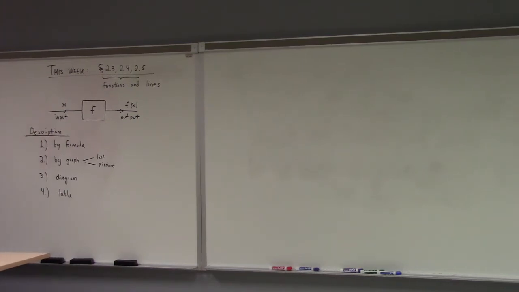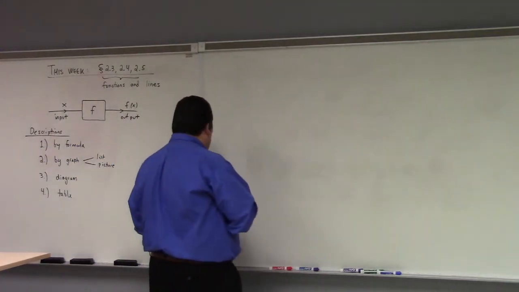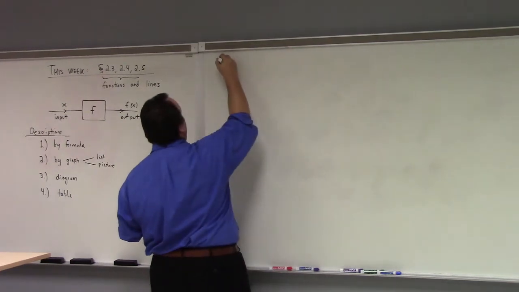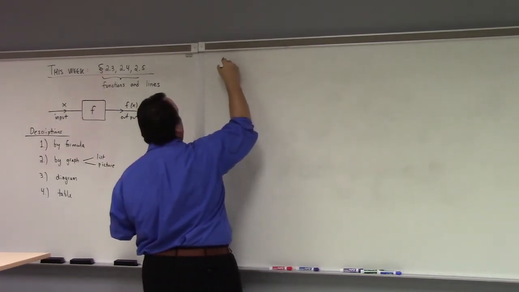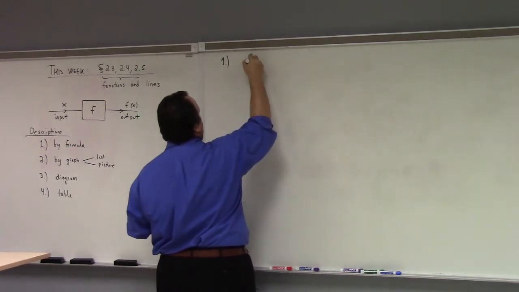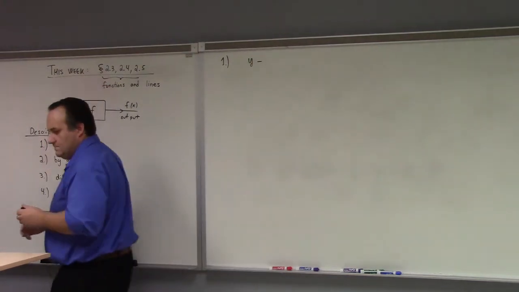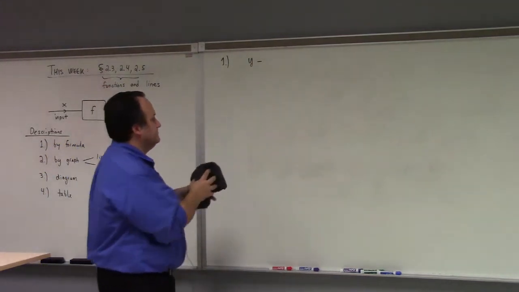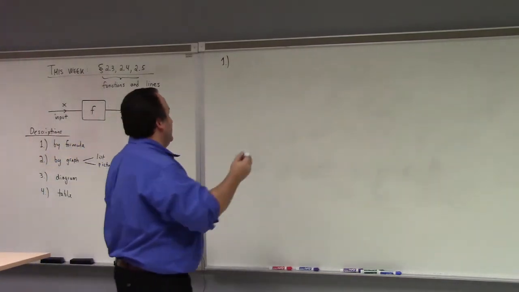Now let me expand on this, all right? And as we do it, I'll introduce other terms that are important to us, okay? So, formulas. Here's a function defined by a formula.